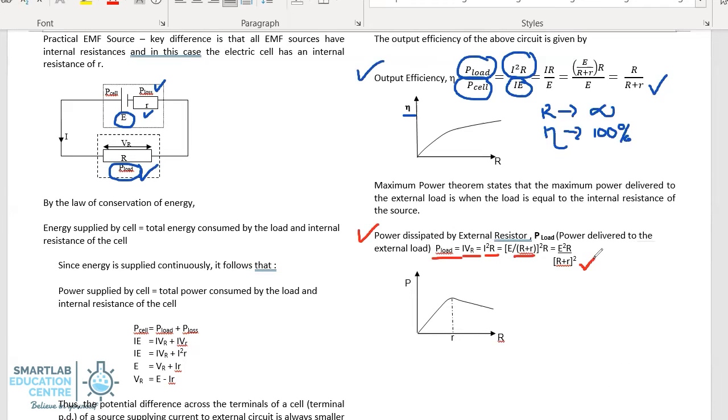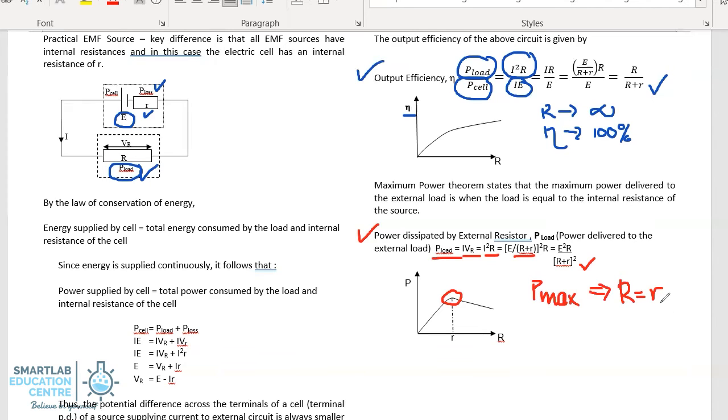And from there, we end up with this expression. If we were to sketch a graph for this, the graph actually has a maximum point, and you will end up in this manner. So from the graph, we know that if you want to extract maximum power, that occurs when the external resistance is equal to the internal resistance.